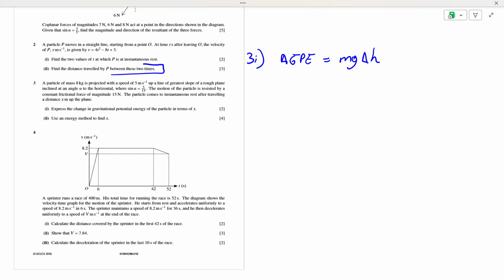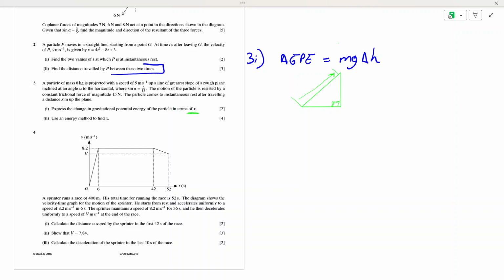And our particle is said to be on an inclined plane like that. So it travels this distance here up the inclined plane. It travels a distance x.